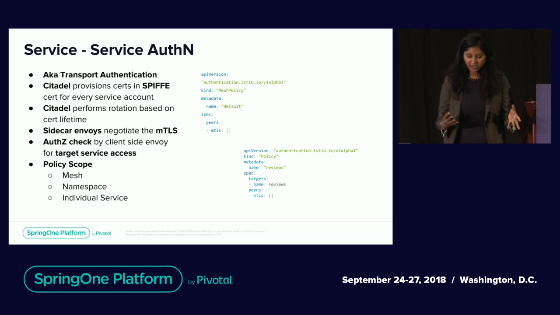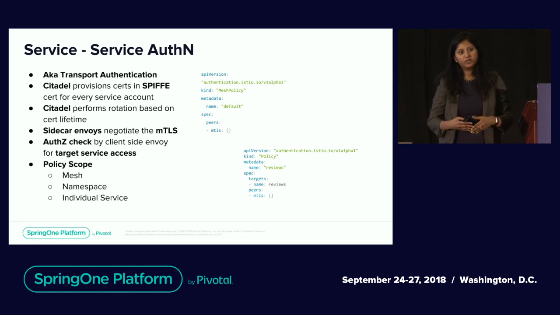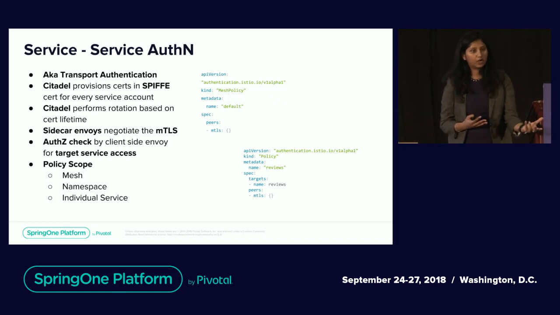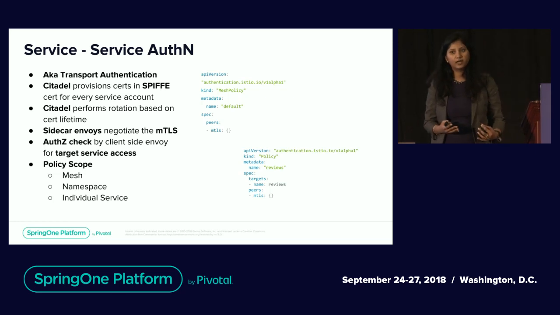So what SPIFFE format is giving you is, it is setting the guidelines for how this identity attestation and identity provisioning takes place. So again, in the Kubernetes world, there is the concept of a service account, for example. So for every service that is pushed into the mesh, there is a service account associated with it.